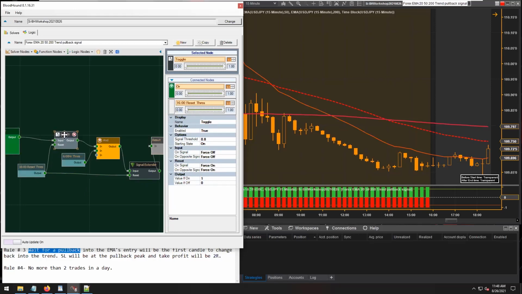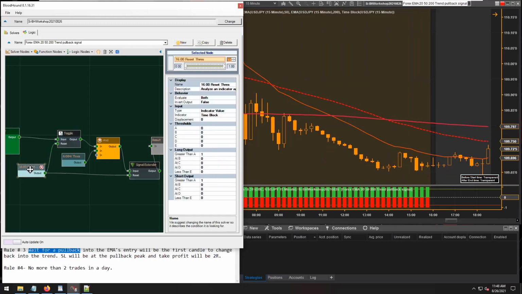So again, let's go back to our toggle node here, right? We're using the reset connector, and we're using this reset threshold solver to turn our toggle node back on when the Asian session begins. And so the toggle node turns on on the bar after.